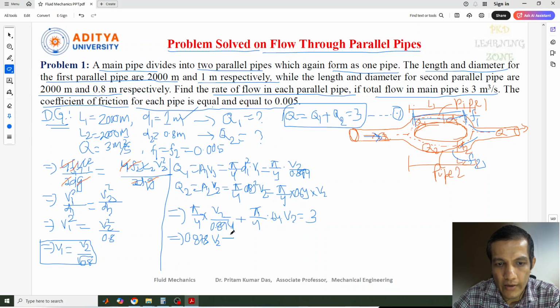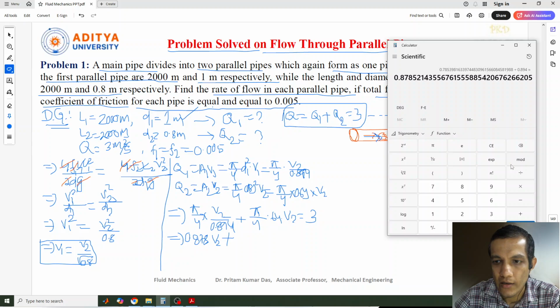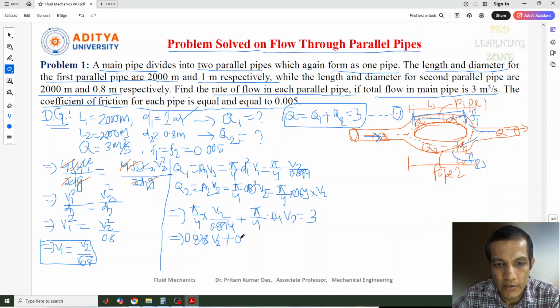Plus again the same thing I can do here, that means pi divided by 4, multiply 0.64, so this is 0.502. Same thing I'll write here, 0.502, this is V2 equal to 3.